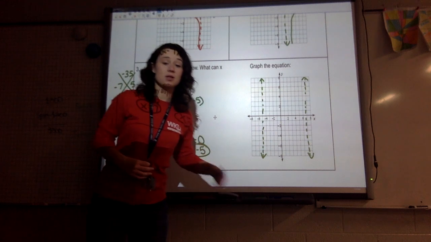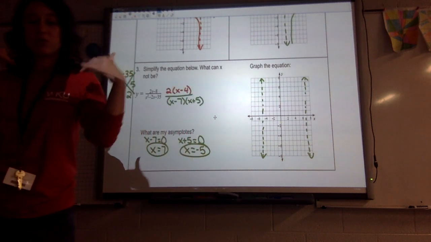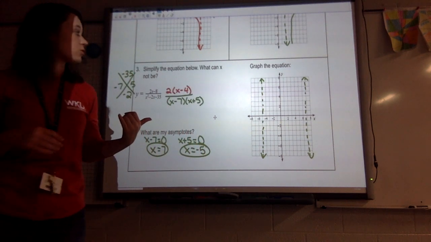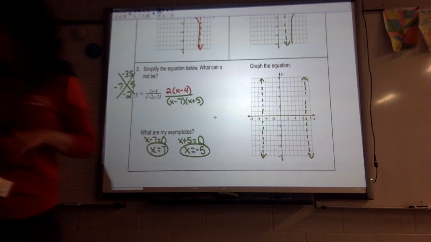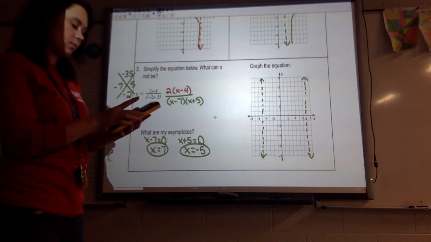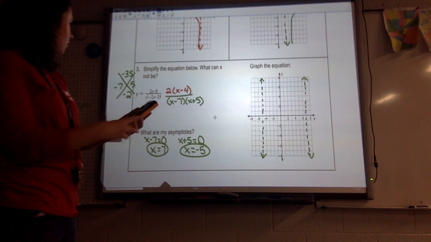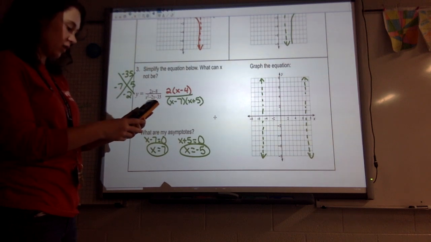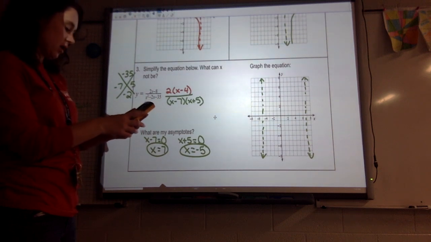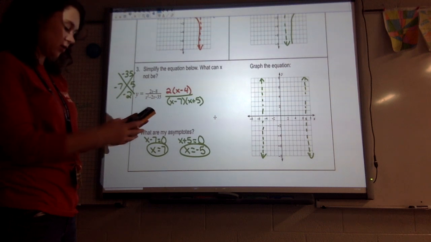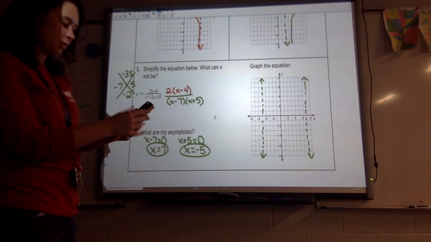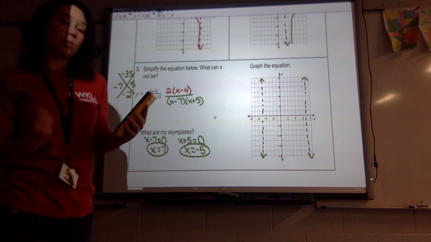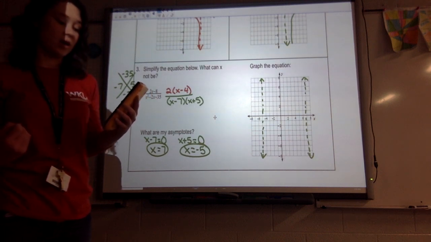So I've got two fences here. My graph is going to fall in between and around those two asymptotes. Once I've got my asymptotes, I go to my calculator and I type in 2x minus 8 over x squared minus 2x minus 35. And it will give me the rest of that picture so I don't have to try to figure that out in my head.